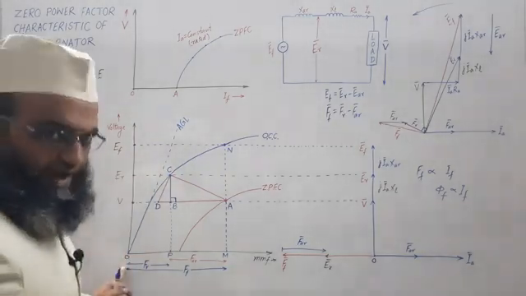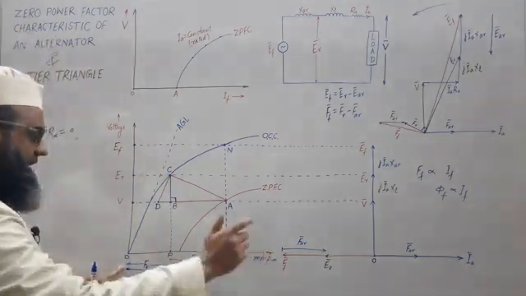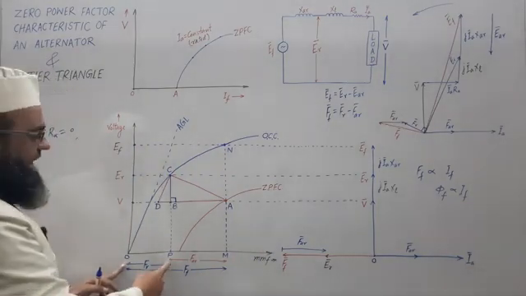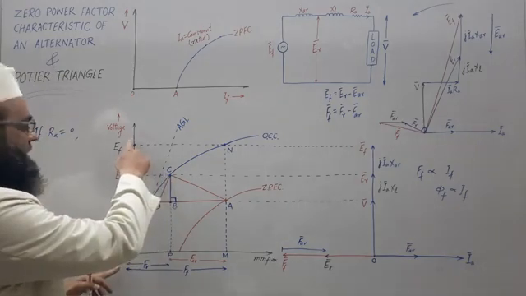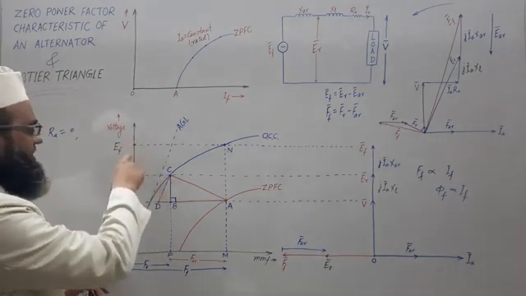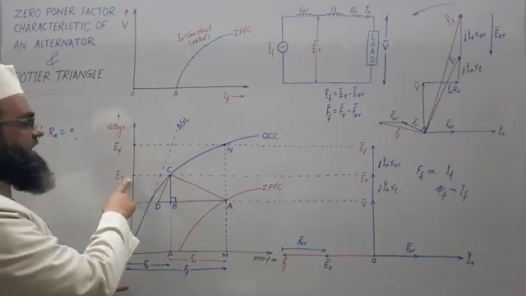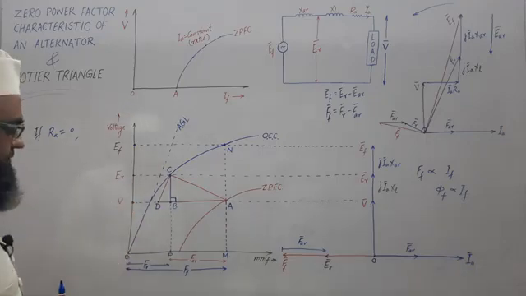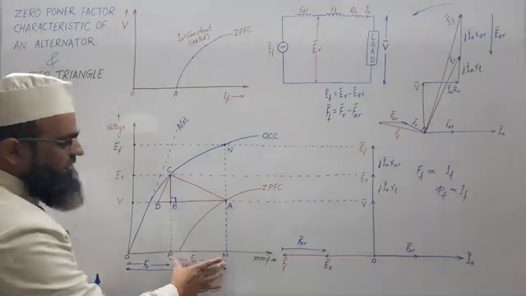As soon as load is connected, the resultant MMF decreases from this to this FR and the corresponding terminal voltage reduces to ER. Resultant EMF, we know it very well, because this FAR will come into the picture.